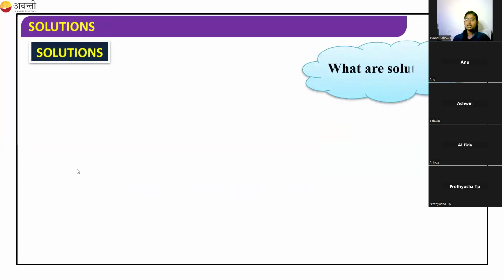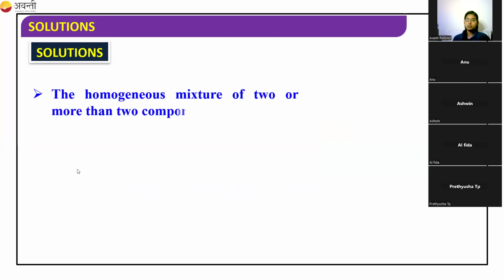Now, what are solutions? The definition of a solution is: a homogeneous mixture of two or more than two components is called a solution.